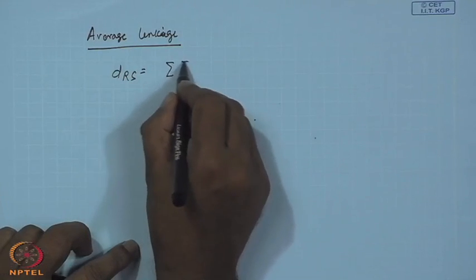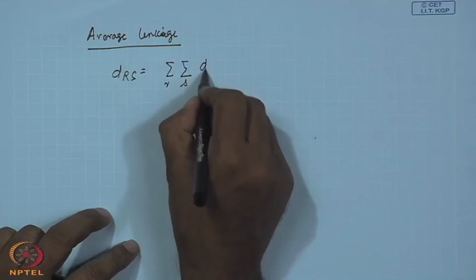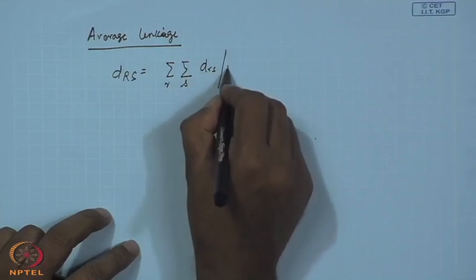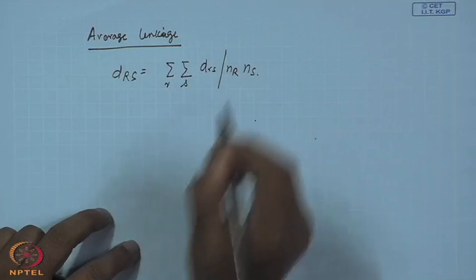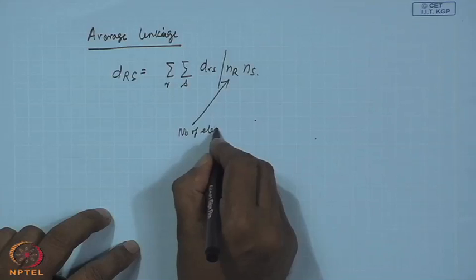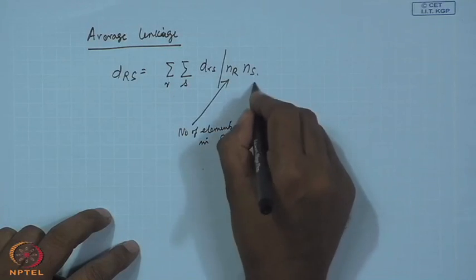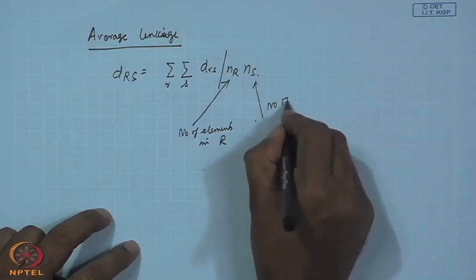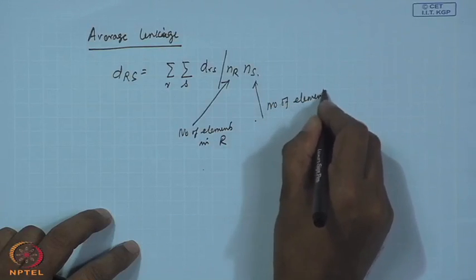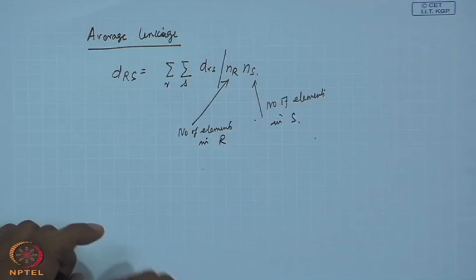This will be the sum over all r in R and s in S of d_rs, divided by N_R times N_S, where N_R is the number of elements in cluster R and N_S is the number of elements in S.